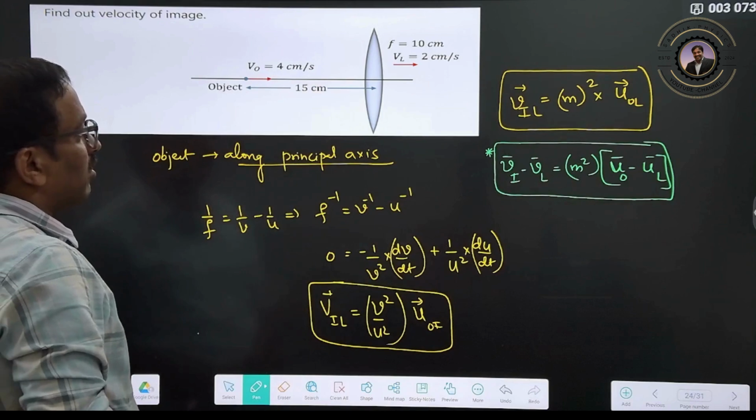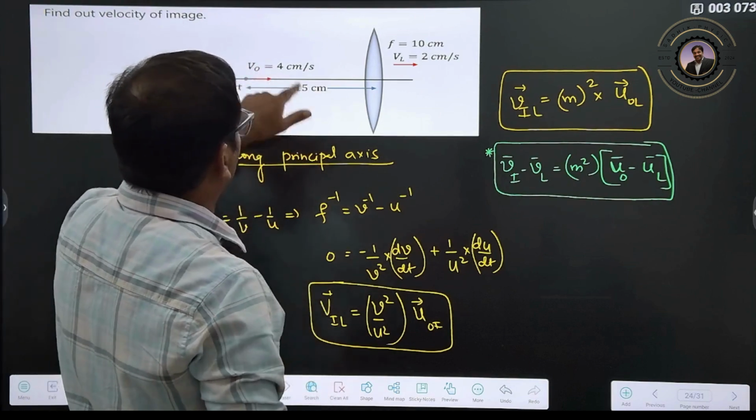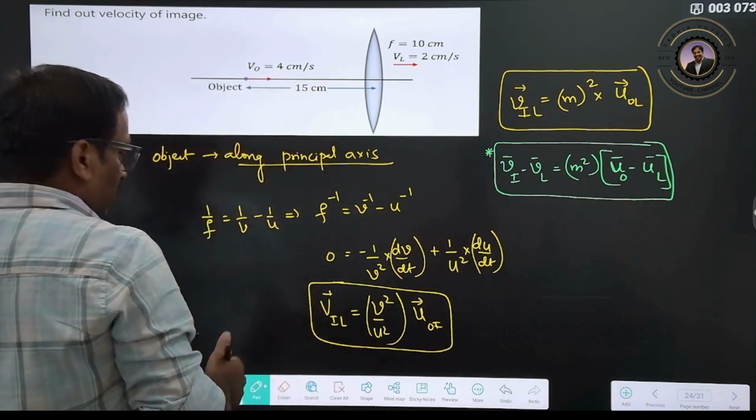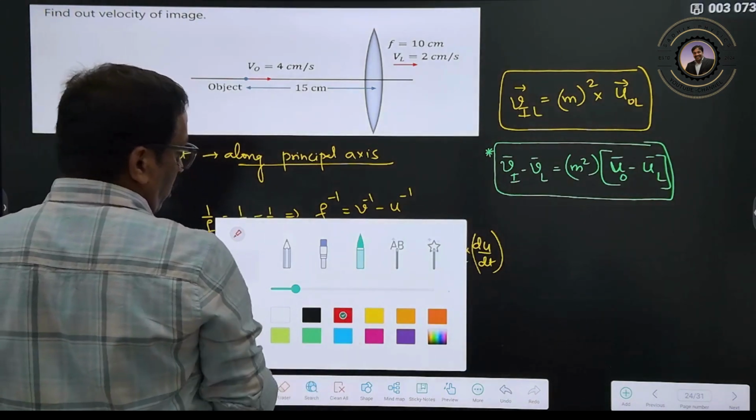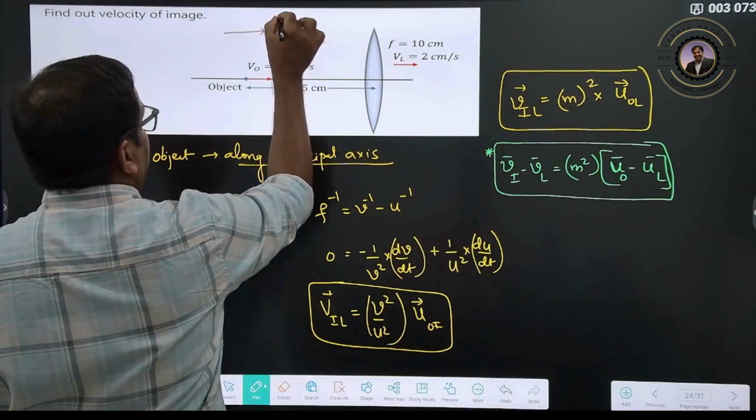We can apply this now. The velocity of the object is given. Also we have to apply in which direction they are going. I am considering this side as plus x axis, plus i cap.